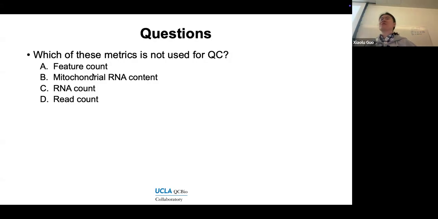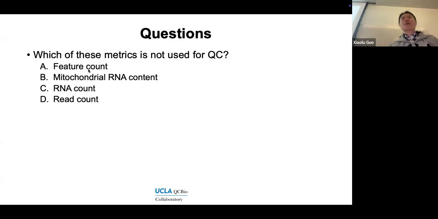What's feature count? The genes measured in a single cell. The genes measured that are expressed, yes. So the expressed gene count in a single cell, that's called feature count. And yes, we use that for quality control.